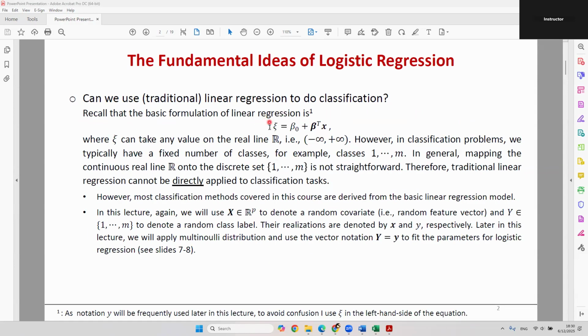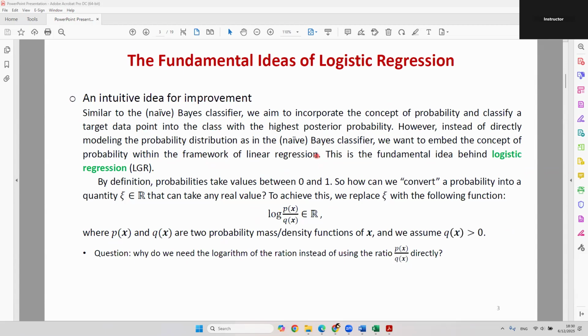But the problem is that on the left-hand side of linear regression, the domain is the whole R line. So how can we map the probability space into the whole line? The fundamental idea behind it is called logistic regression, LGR.